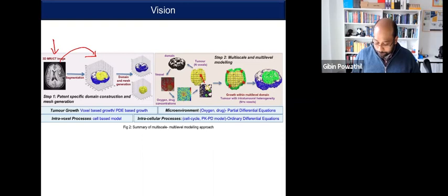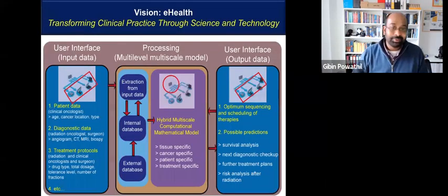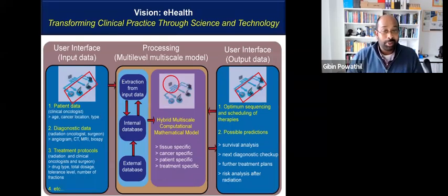Just to put it out there, the vision is e-health at some point. We are not quite there yet. The idea is, can we use patient data, diagnostic data, and treatment protocols? You extract such data and put that into mathematical or computational modeling, AI, machine learning, all those keywords.